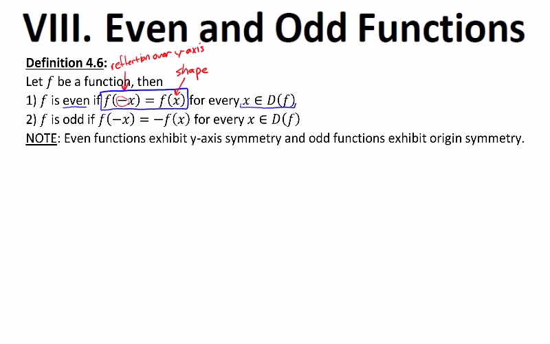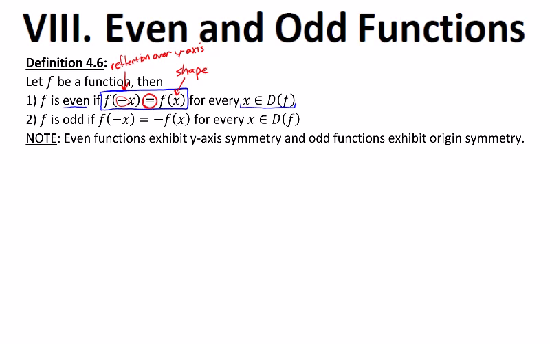And what separates these two statements is the all-important equal to. That means that the shape that you're working with, the shape that you're trying to classify, should look identical to itself even if it's been reflected over the y-axis.